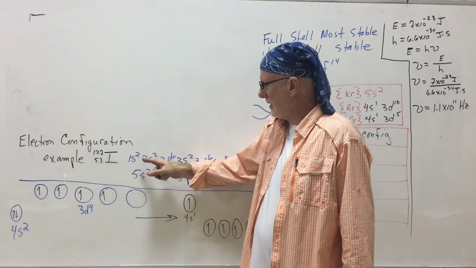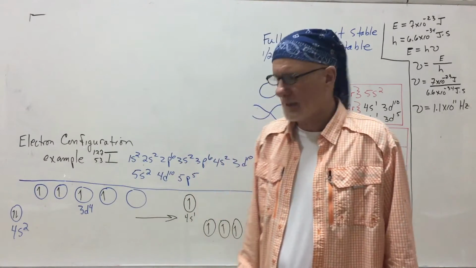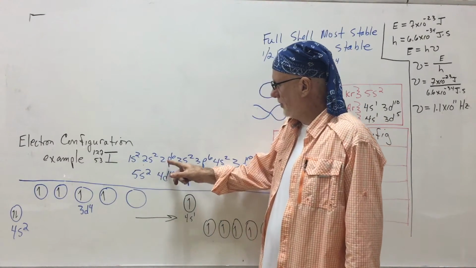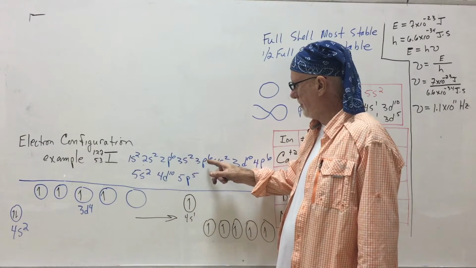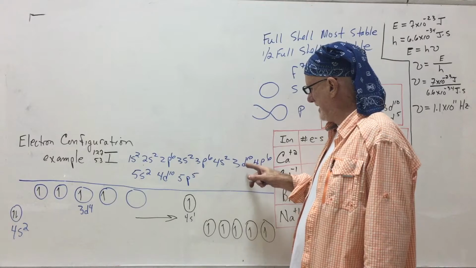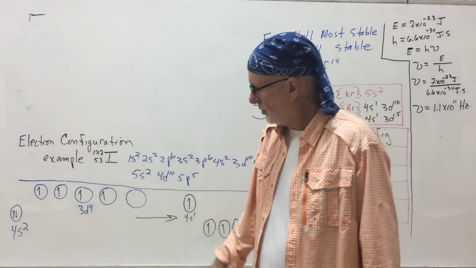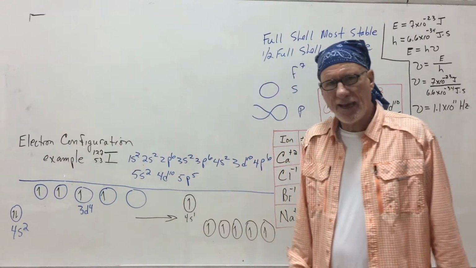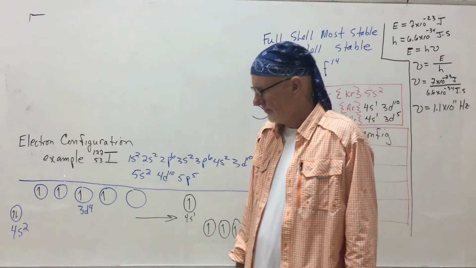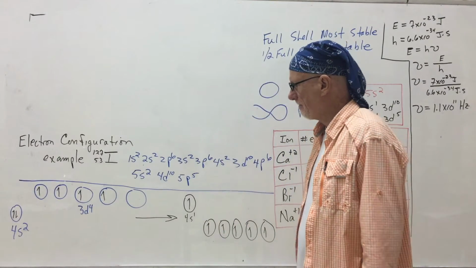So it would be 1s2, 2s2, 2p6, 3s2, 3p6, 4s2, and then 3d10, 4p6, then 5s2, 4d10, and then 5p5. Follow along with a periodic table for that.